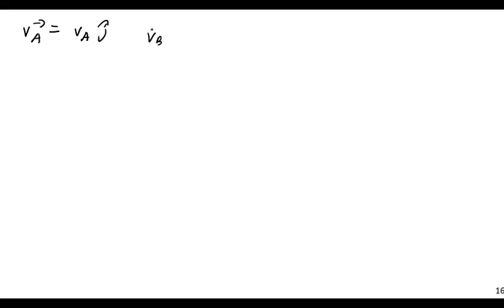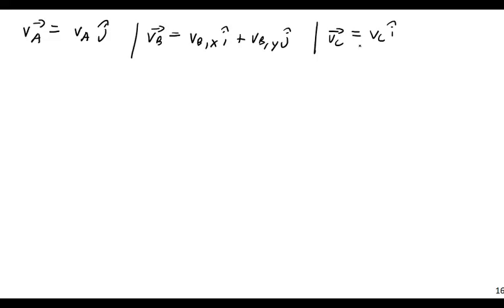VB is equal to VBX times I plus VBY times J, and VC is equal to VC times I. All right?